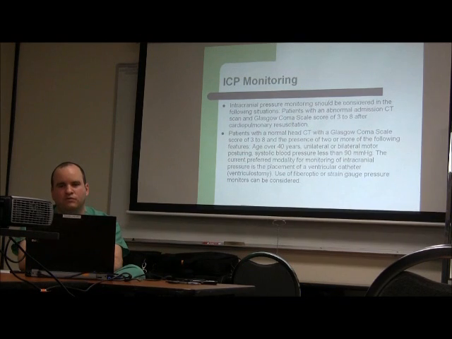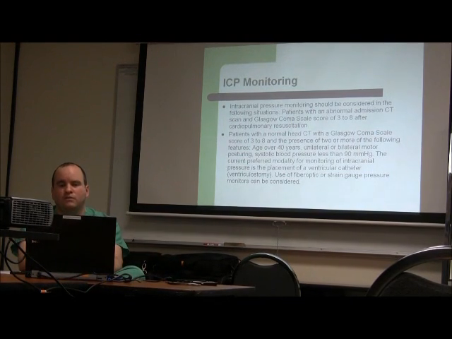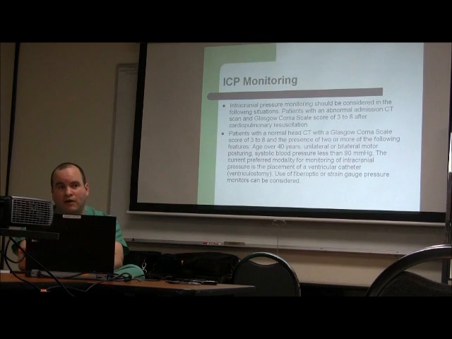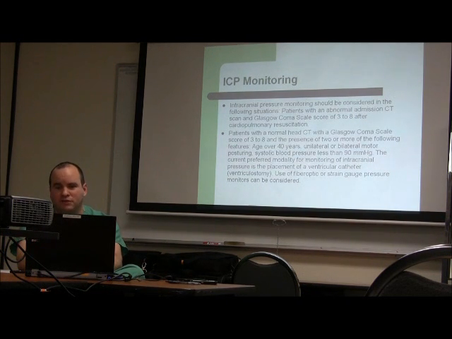And they also say with 2 of the following features: age over 40, low blood pressure, or, if you're trying to figure out what's happening with the patient, for instance, unilateral motor posturing. And I will tell you, if it's unilateral posturing, check your GCS scale again. Because if you're already posturing, it doesn't say for one side it's a 5, for the other one's a 4. But these are the recommendations they have talked about.